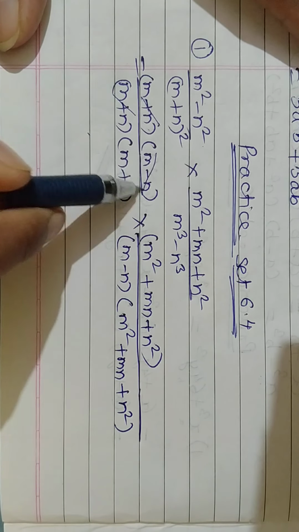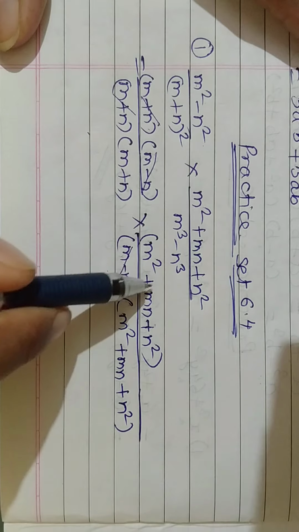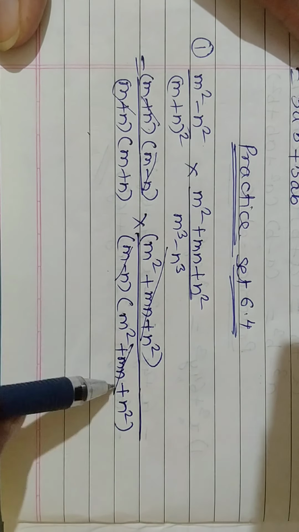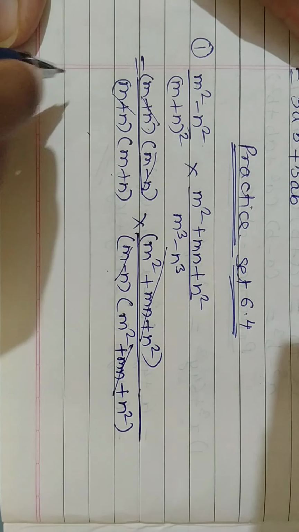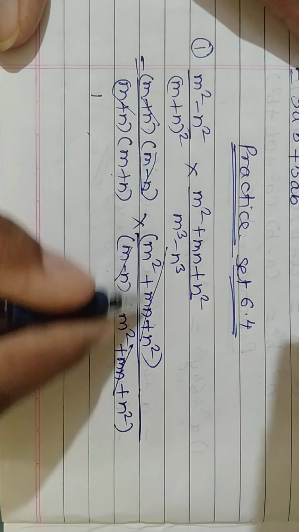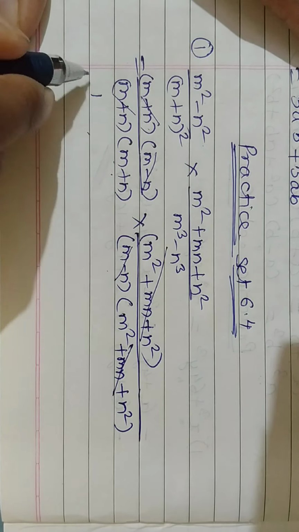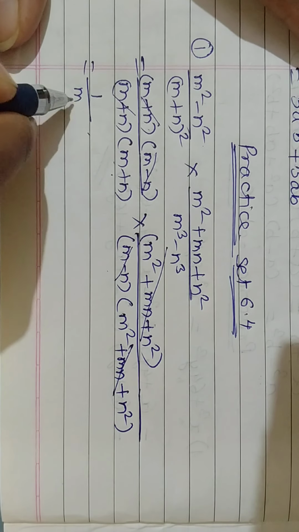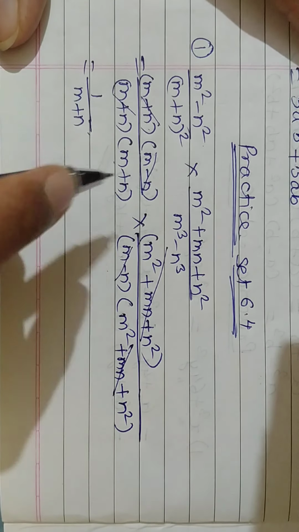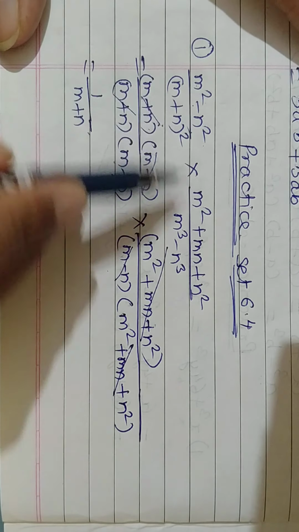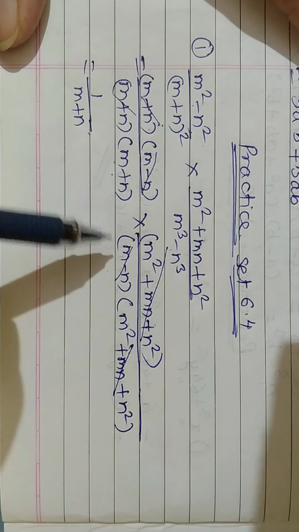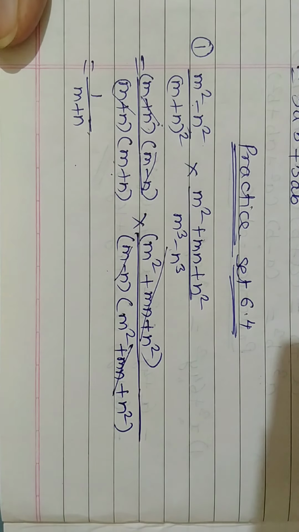Here m minus n, m minus n. Again this full bracket will go. Now remaining only 1. See, in the numerator nothing is there. Down m plus n bracket is remaining. So the answer is 1 upon m plus n. Very simple it is. Just you have to see this expression. According to that you have to put the values in the formulas. Now see the next.